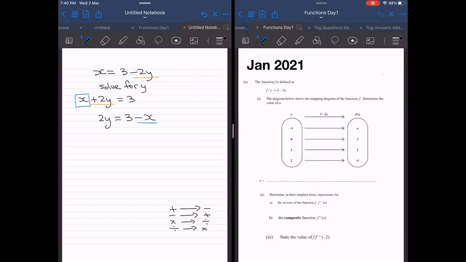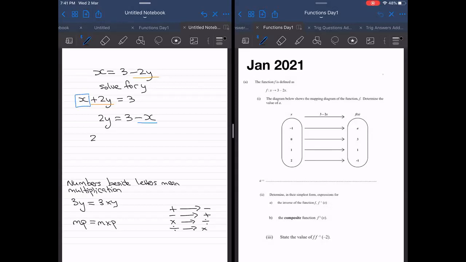Okay, the next thing we want to note is that numbers beside letters mean multiplication. So if you see 3y, that means 3 times y. If you see MP, that really means M times P. So why am I saying that?